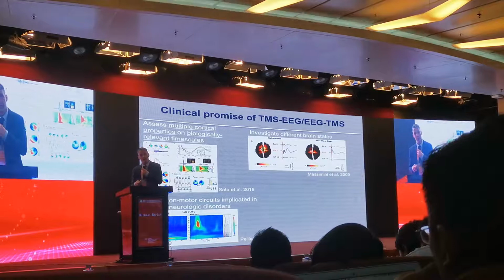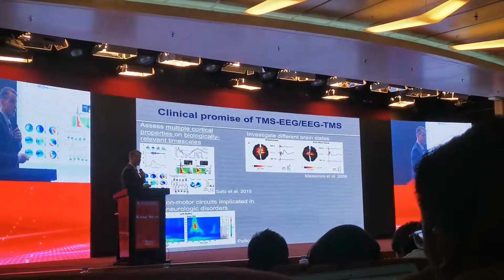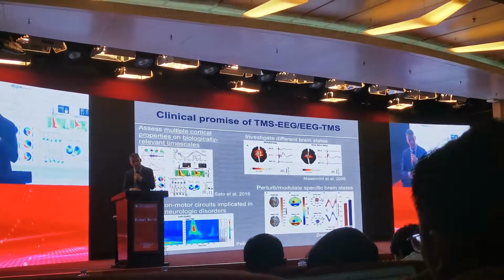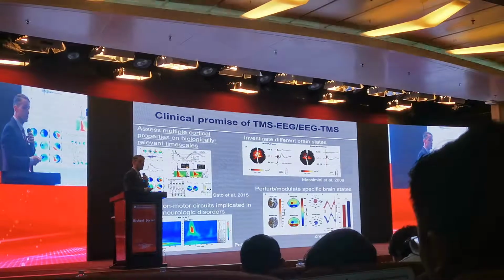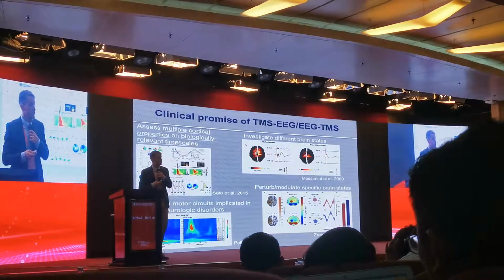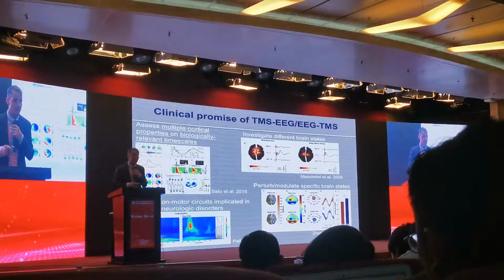We may be able to use that information in real time to determine how best to deliver our intervention. One example that's been shown in the literature, and something that we're actively doing, is using online EEG recordings of brain activity to determine when we should deliver stimulation. Specific brain states vary in time, of course.